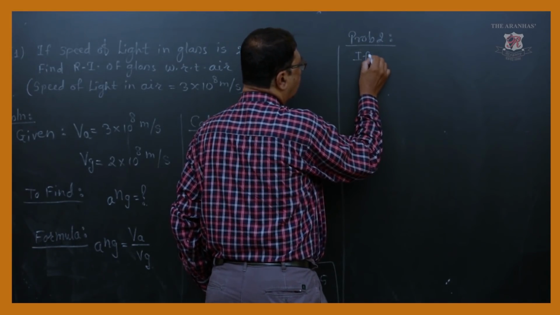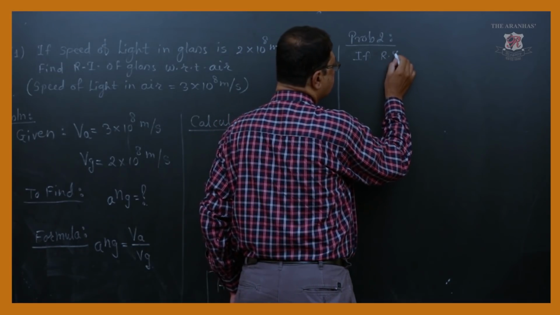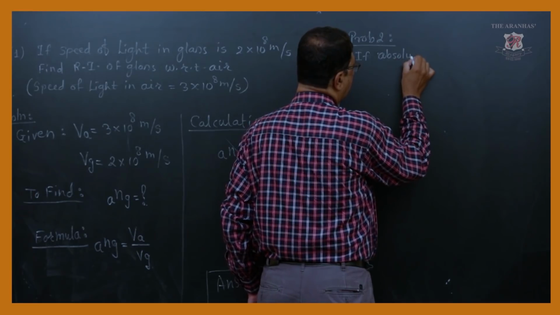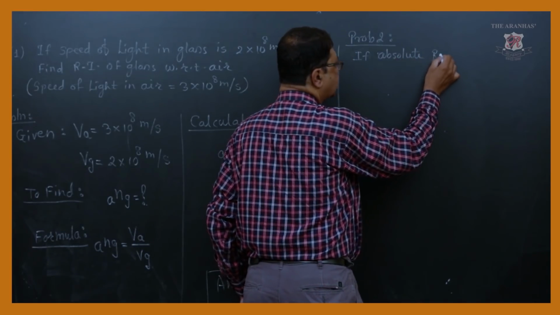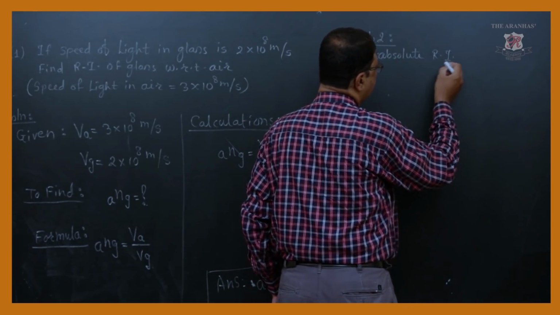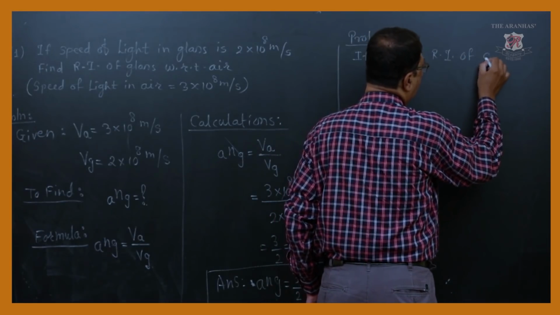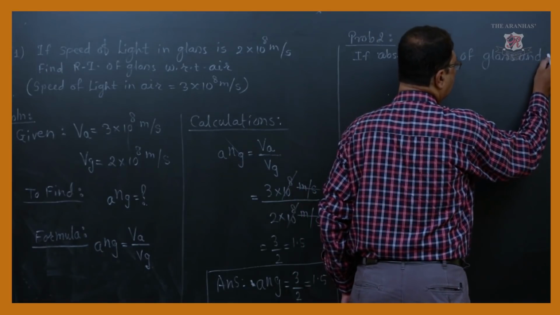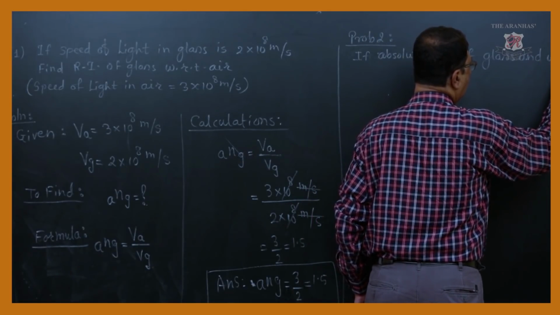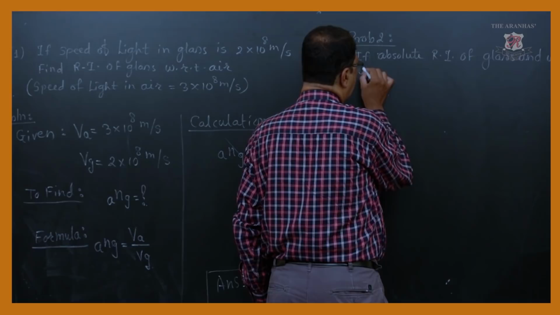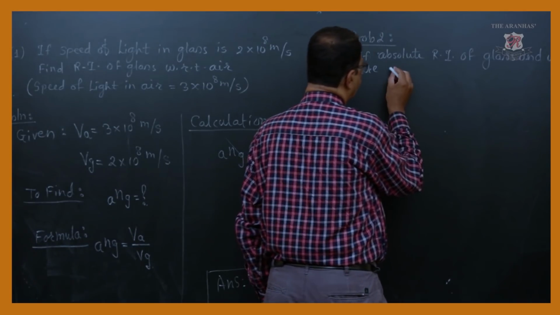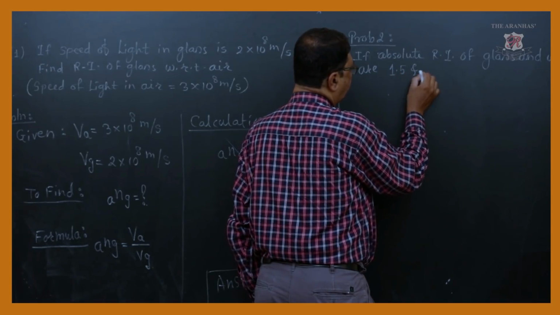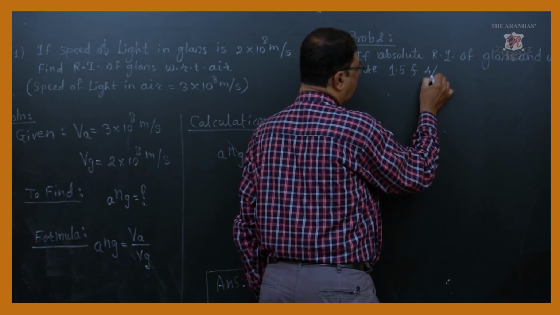If the absolute refractive indices, I will write absolute refractive indices, again RI stands for refractive index, of glass and water are 1.5 and 4/3.